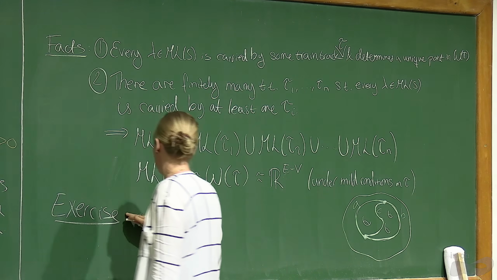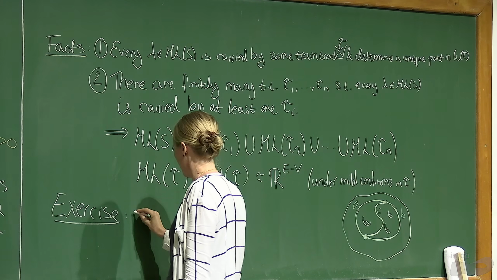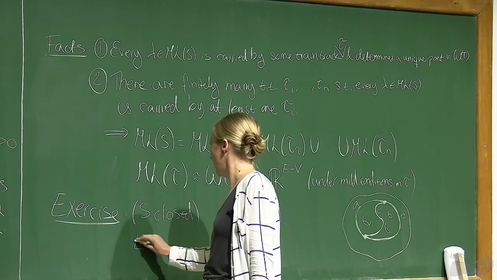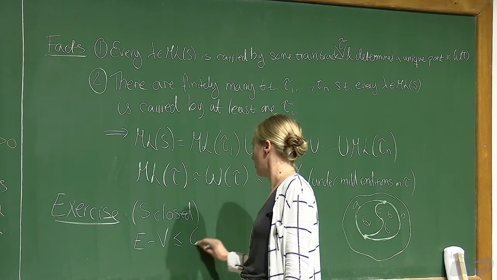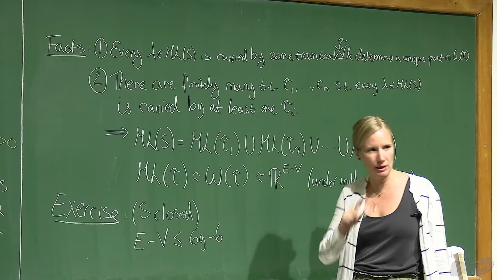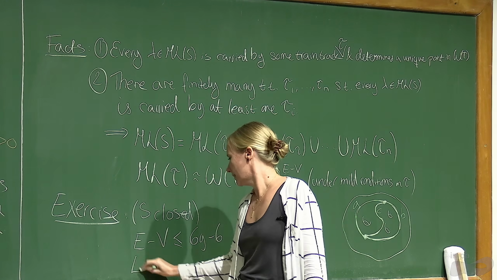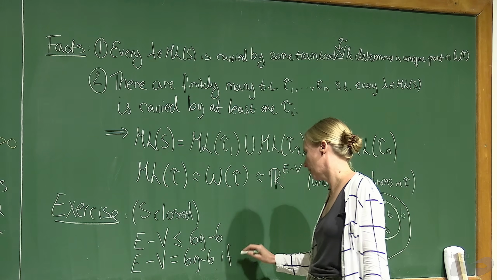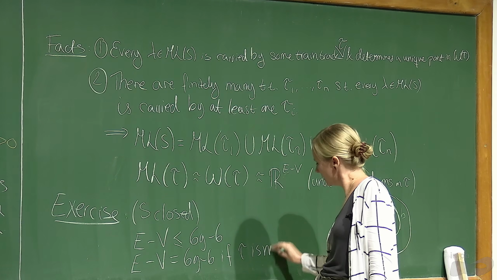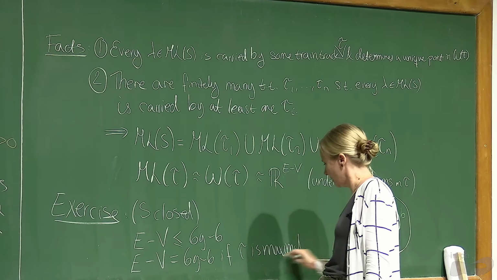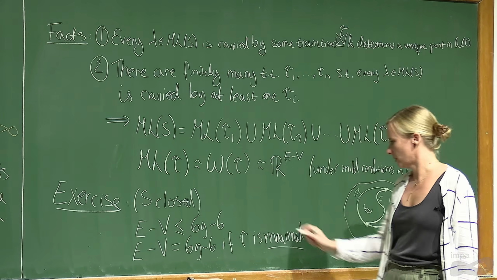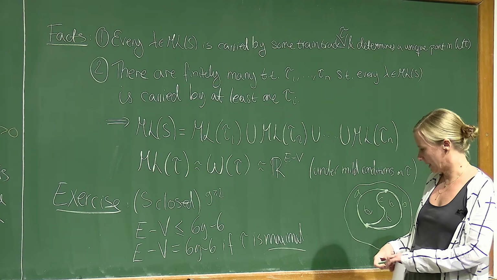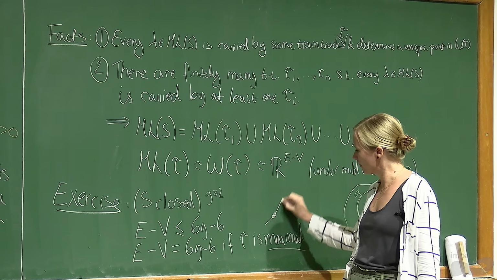And I leave it as an exercise. Let's suppose S is closed. That E minus V is always less than or equal to 6G minus 6, where G is the genus of the surface, and it equals this if and only if tau is maximal, which in this situation, since we're closed with genus at least 2 because it's hyperbolic, just means that all complementary regions are as small as possible.